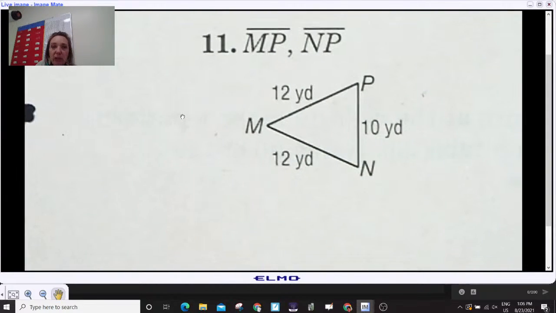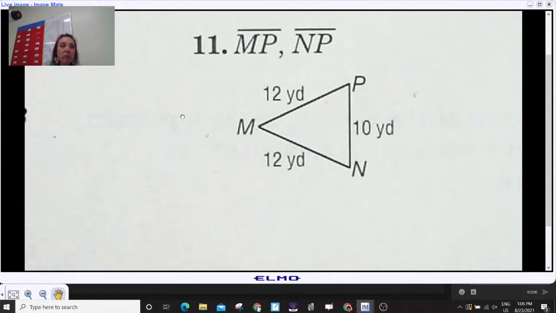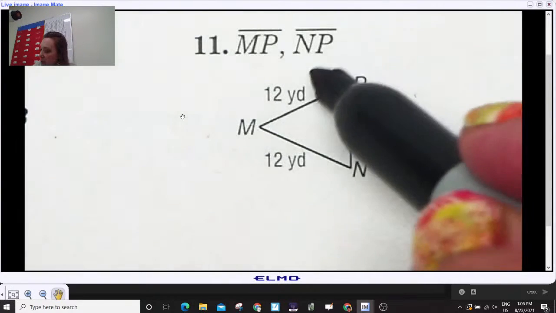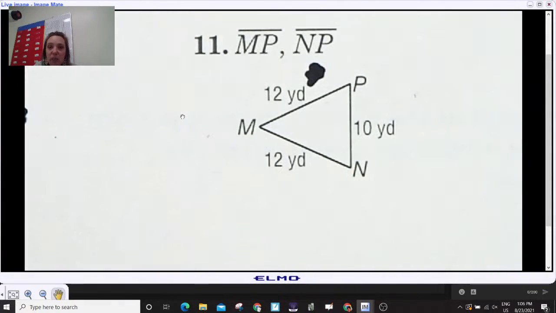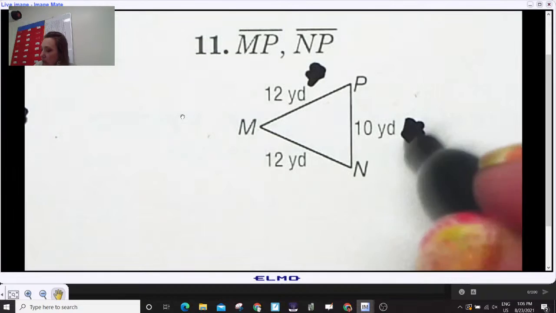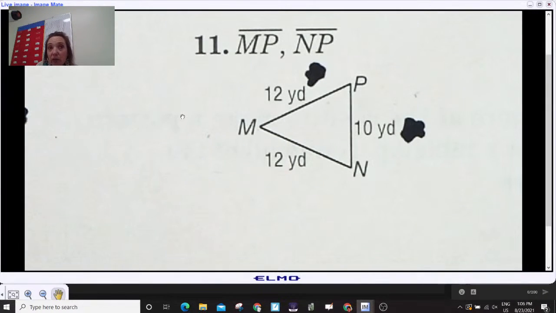Okay, number 11. Here's MP, and here's NP. Are they congruent? Why not? They have different lengths, right? Congruent means the same. These are not the same.